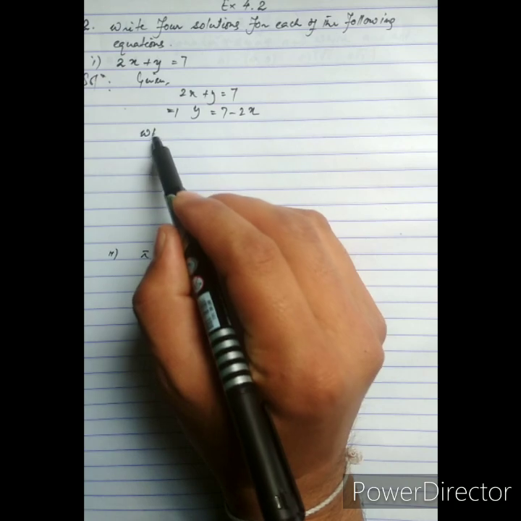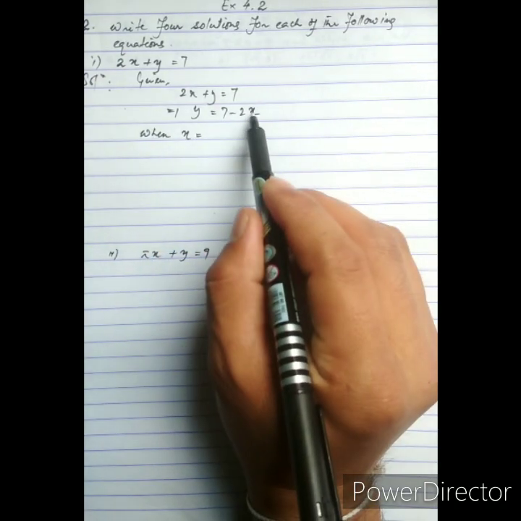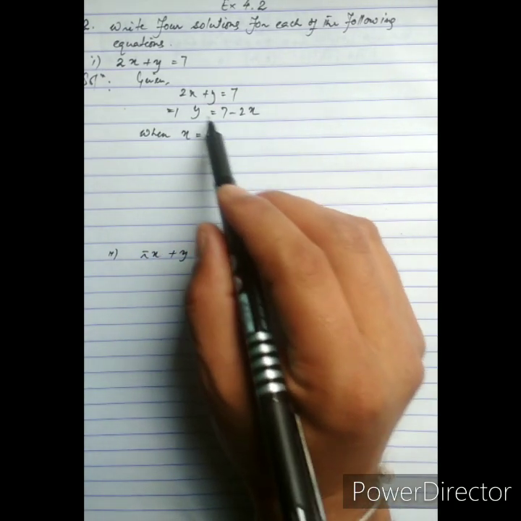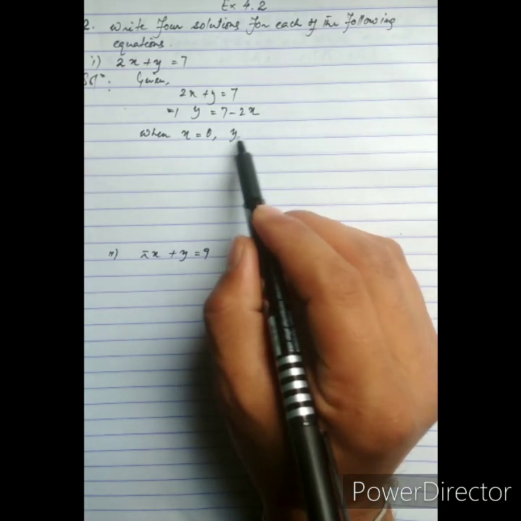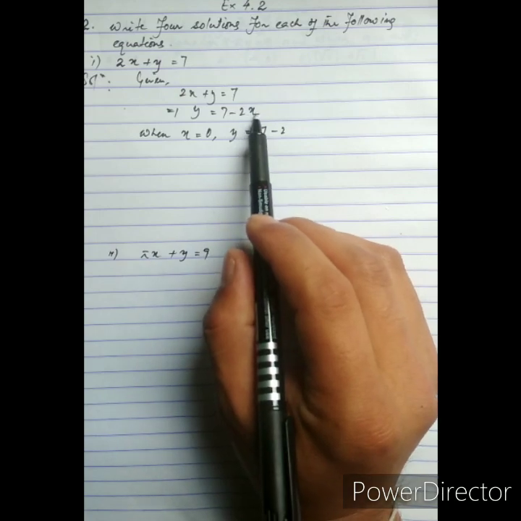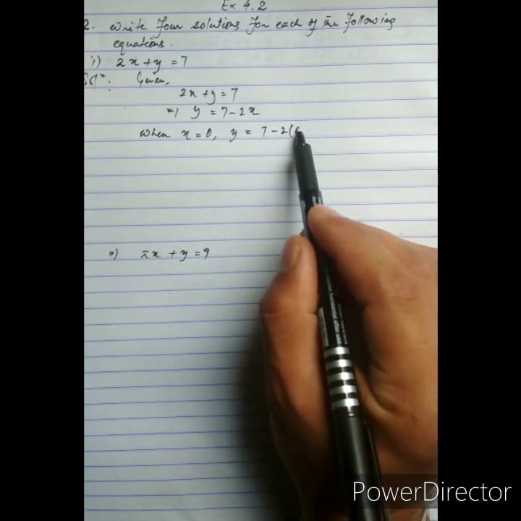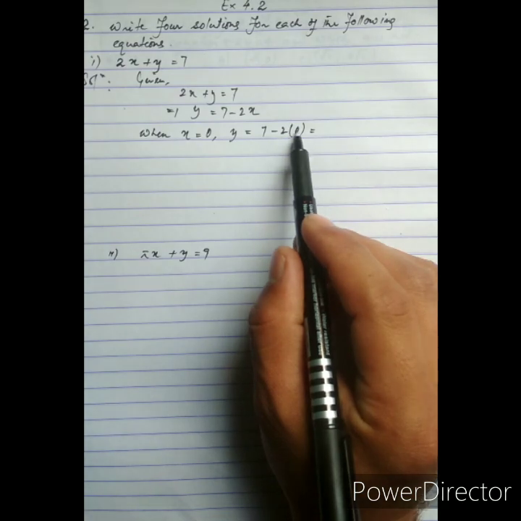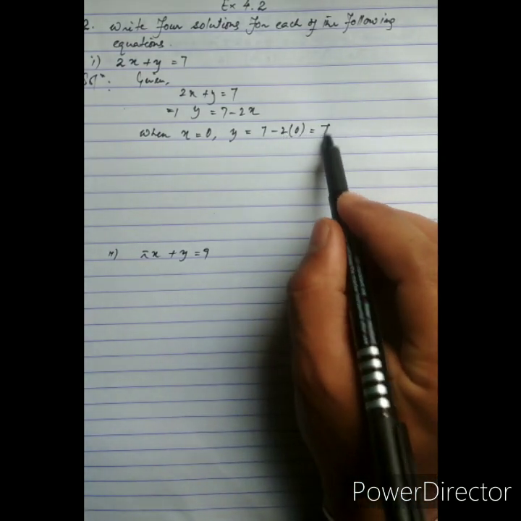So when x is, I can take here 0, it's fine, and y will be how much? 7 minus 2, but in place of this x we'll put here 0. So 2 into 0 means 0, 7 minus 0 will be 7.